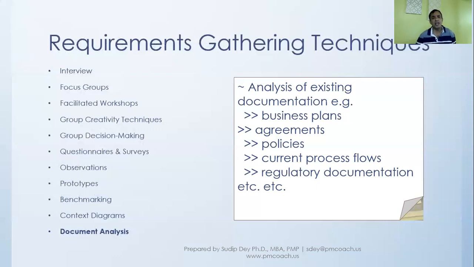And the way you do it is you will not necessarily take all of them. You will take some that are appropriate to your project and the organization, and use them effectively in gathering the requirements.